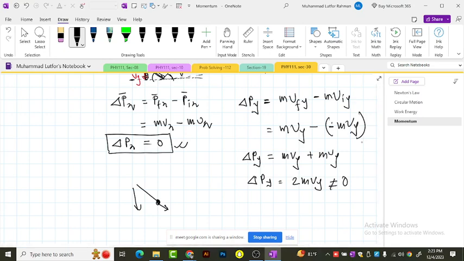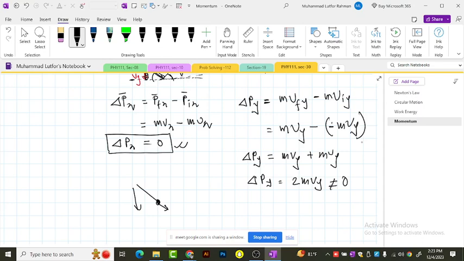Then there is no force along the horizontal direction, so the external force along the horizontal direction is 0, and that's why the momentum is conserved along the x direction. Whereas along the y direction, since the gravitational force acts in the vertical direction, it acts like an external force on the ball, so the momentum is not going to be conserved along the y direction.